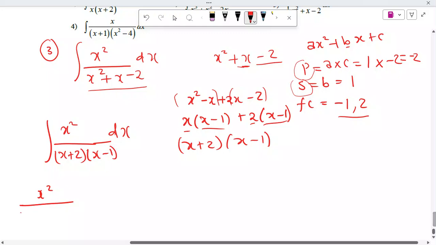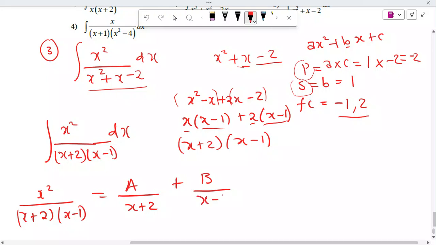Since the power of x is 1, these are linear, meaning we only have constants: A over x plus 2 plus B over x minus 1.